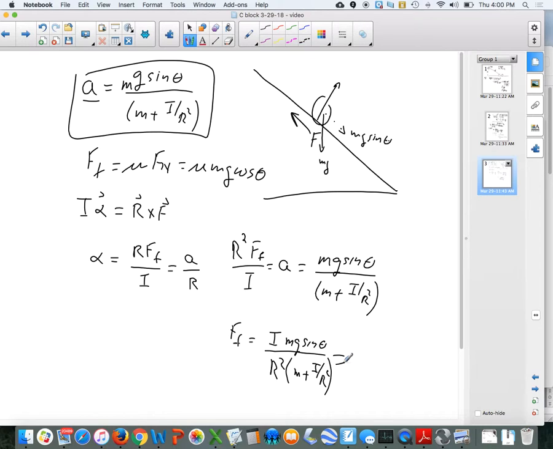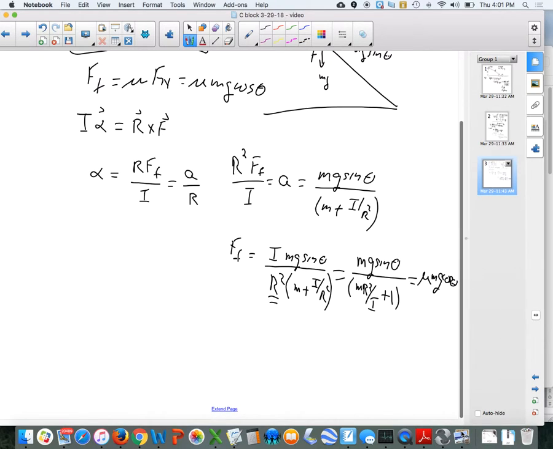I can take mg sine theta over, and I'm going to bring this in here and say m r squared over I plus 1, because I have an r squared here, I have an I here, is equal to force of friction, which is mu mg cosine theta.